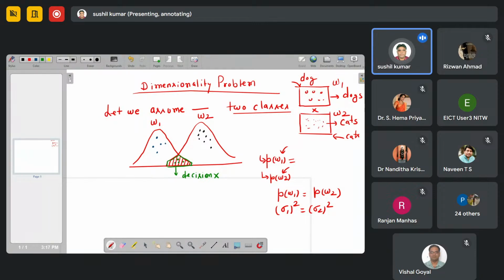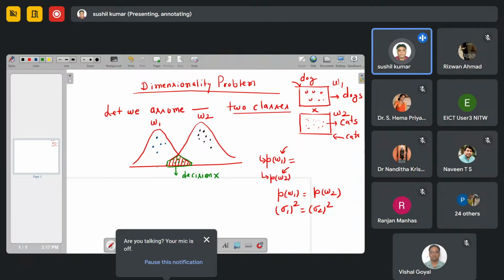And when the probability of omega 1 is equal to the probability of omega 2, the overlap will be much greater. Then it is very difficult to decide. So how can you solve this problem?